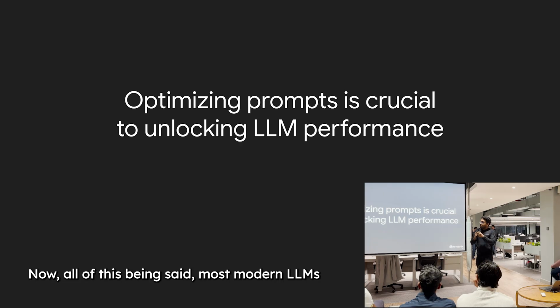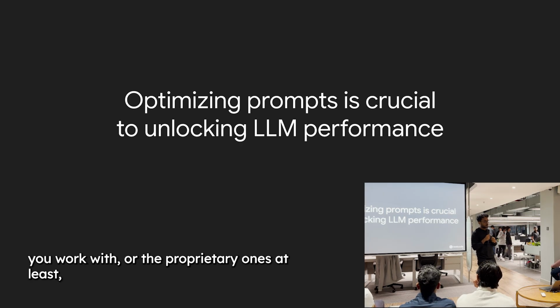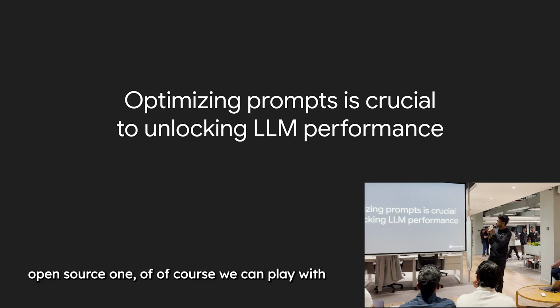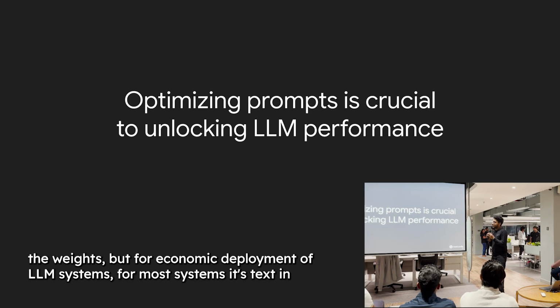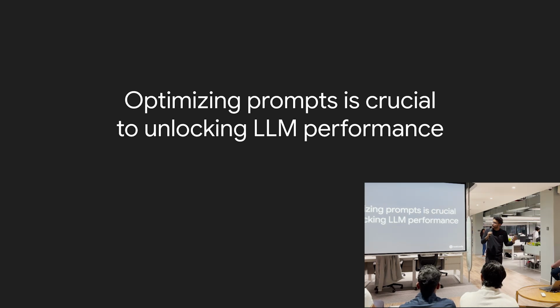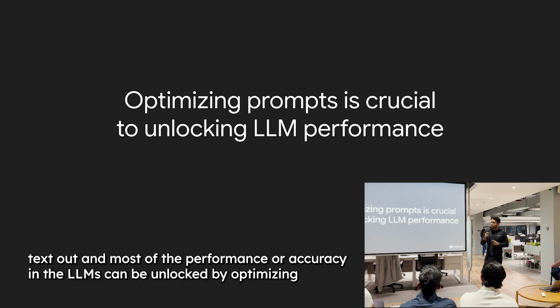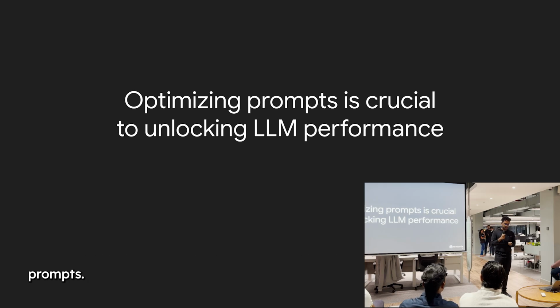Now, all of this being said, most modern LLMs we work with, or the proprietary ones at least, open source ones, of course, we can play with the weights, but for economic deployment of LLM systems, it's text. For most systems, it's text in, text out, and most of the performance or accuracy in the LLMs can be unlocked by optimizing prompts.